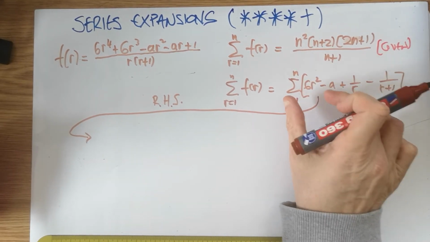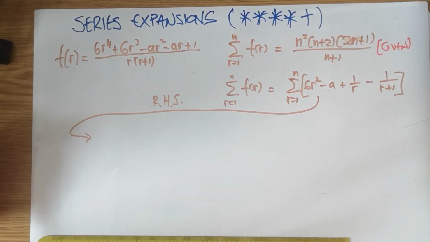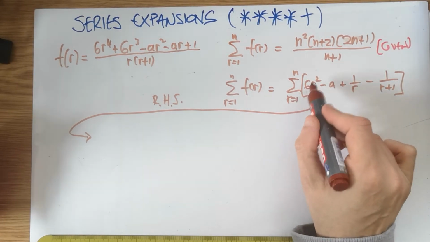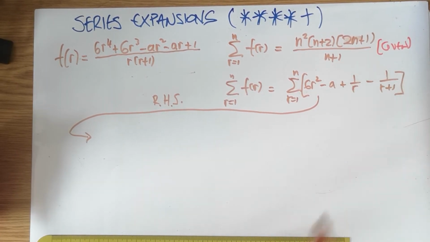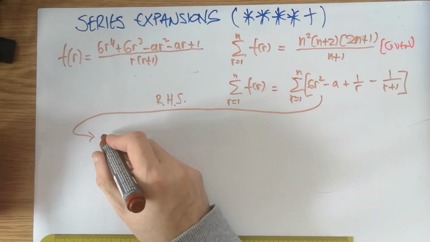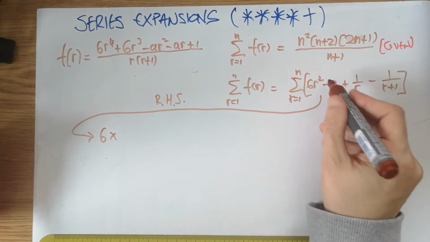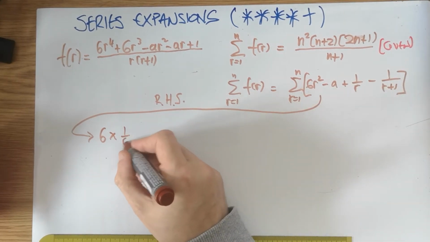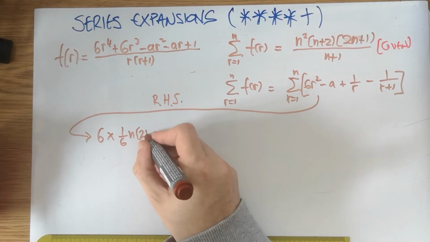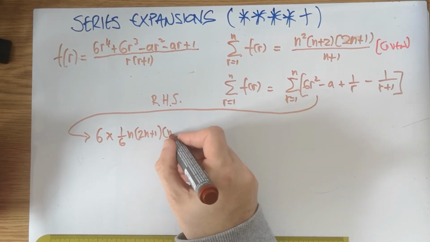The sum, of course, we can split into the four items individually. Now we're on 4.5, so I'm not going to show the next step: sigma of that, minus sigma of that, plus sigma of that, etc. So the sum of r squared, times 6. From most formula booklets, the sum of the first n terms is 1/6 n, 2n plus 1, n plus 1.